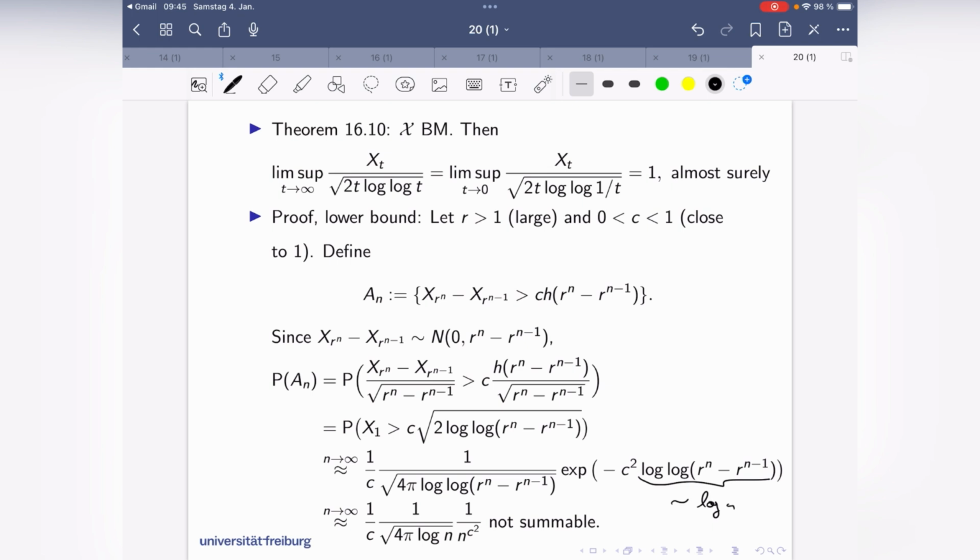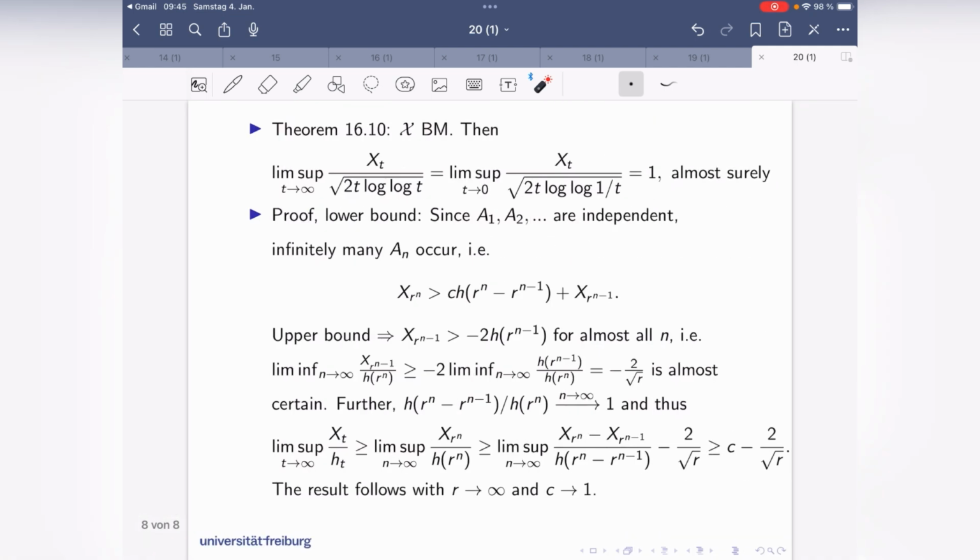And so we have log n to the power of c squared, and with a minus here, I get 1 divided by n to the power of c squared. But now c is less than 1, which means that this is not summable. And that means infinitely many of these A_n occur.